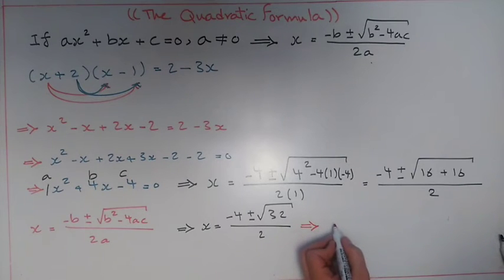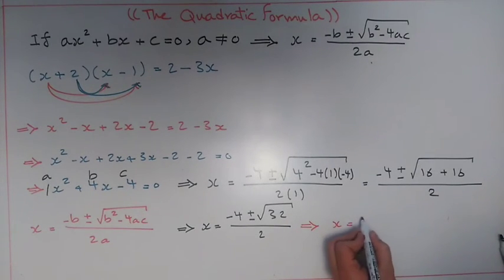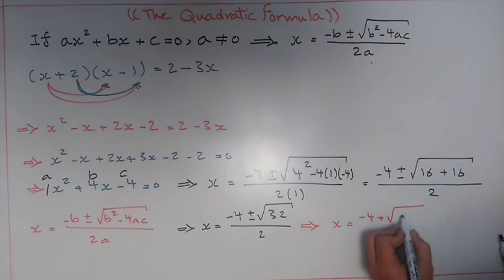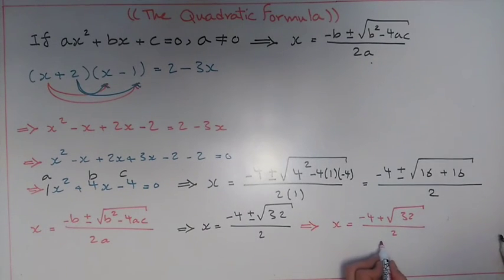So I write it this way. x equals negative 4 plus square root of 32 over 2, comma, x equals negative 4 minus square root of 32 over 2.